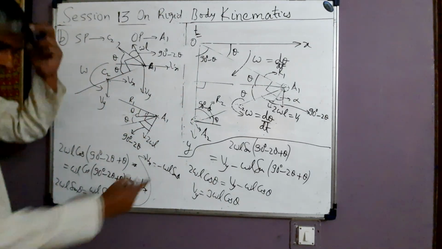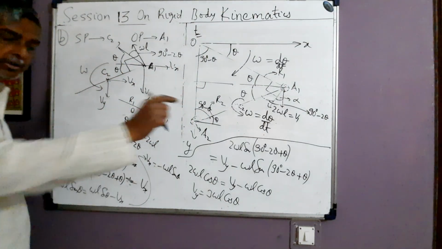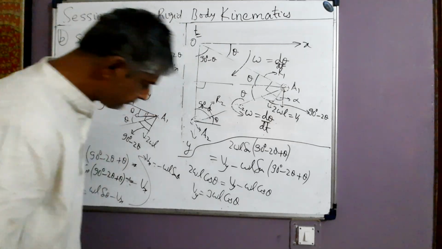Okay. And Vx is this. So velocity of C2 is root under Vx square plus Vy square. Alright. Fine.